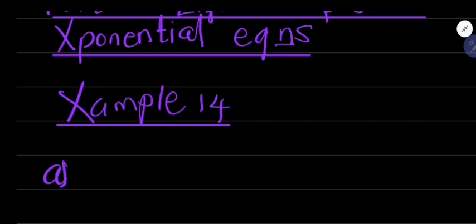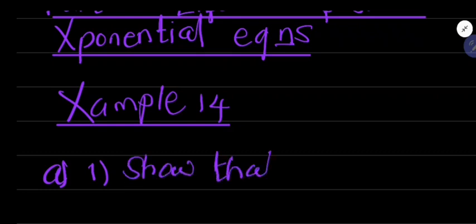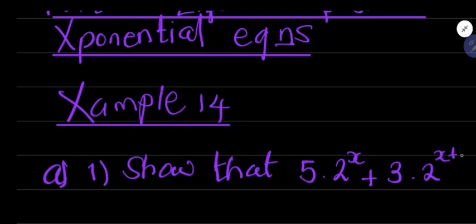So here actually, the question that we have here, it's more like we have to prove. Okay, so the first question, A1, we have to show that 5 times 2 exponent x plus 3 times 2 exponent x plus 2 is equal to 17 times 2 exponent x.